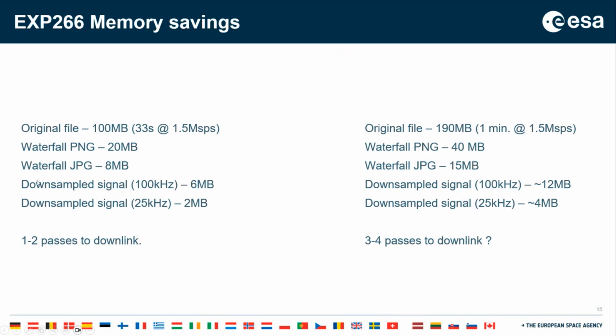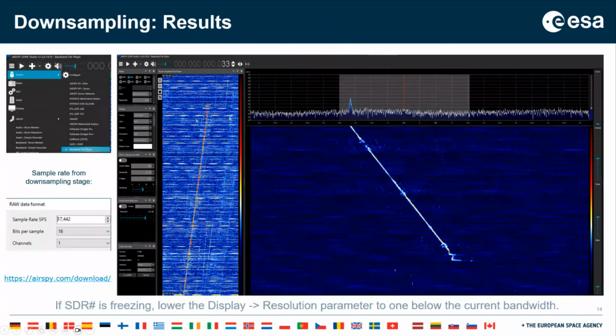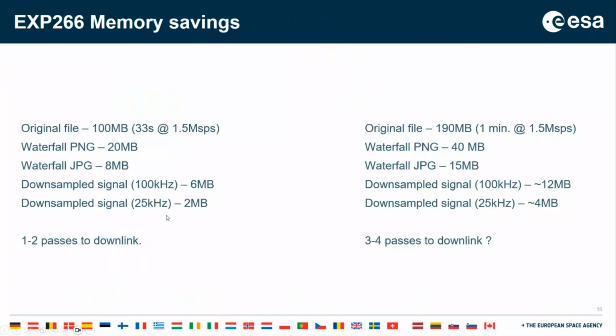And then the performance for the downsampling is, from my experience, as follows. If I cut out a signal of 100 kilohertz bandwidth, I got a 6 megabyte file. And if I downsampled to 25 kilohertz, which is about the size of the recording here, it was 2 megabytes.